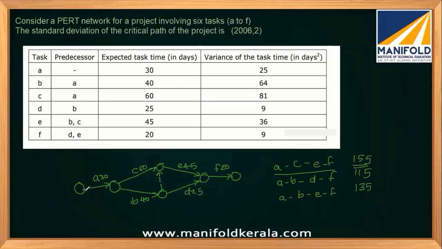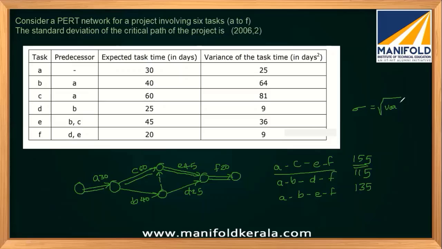So A, C, E, F is our critical path. Now we need to find the standard deviation. For that, you have the formula sigma equal to the root of the variance.